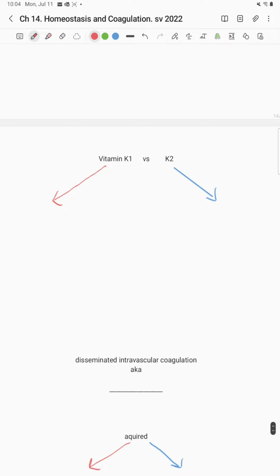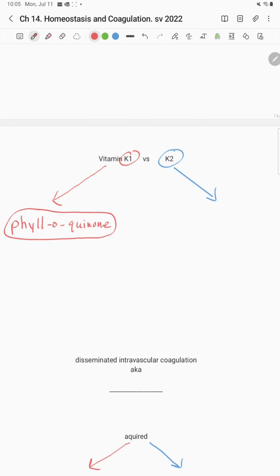Okay, vitamin K comes in different forms. We have K1 and K2. K1 is the phylloquinone. Now I broke that word apart so it's more legible.